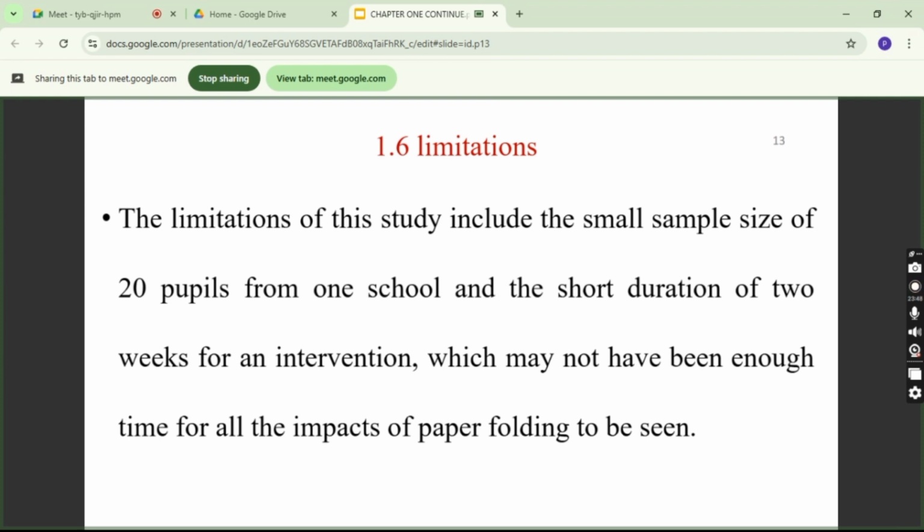I was limited to basic 8 pupils and they were 20 in a class. All right. And the length of my intervention was 2 weeks. And this will not give me an accurate or it cannot give me the expected output of the topic that I'm dealing with. So this is a plain limitation.